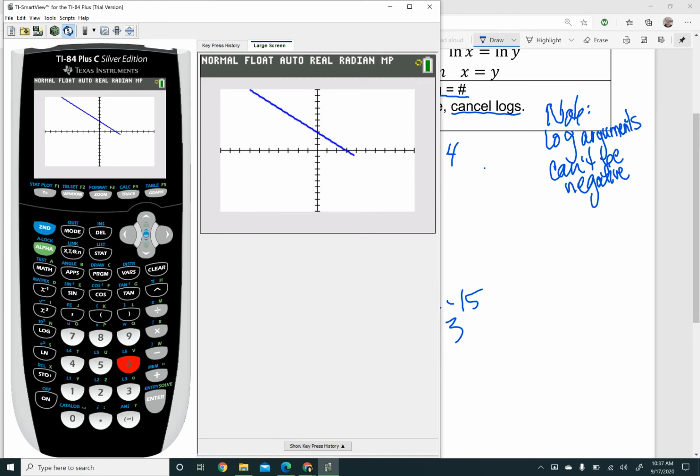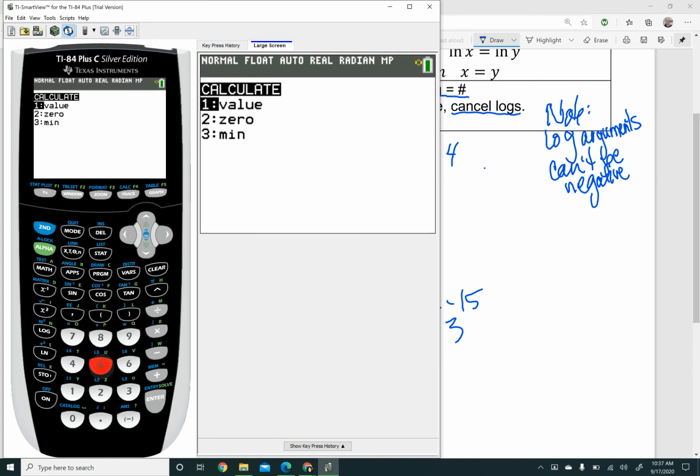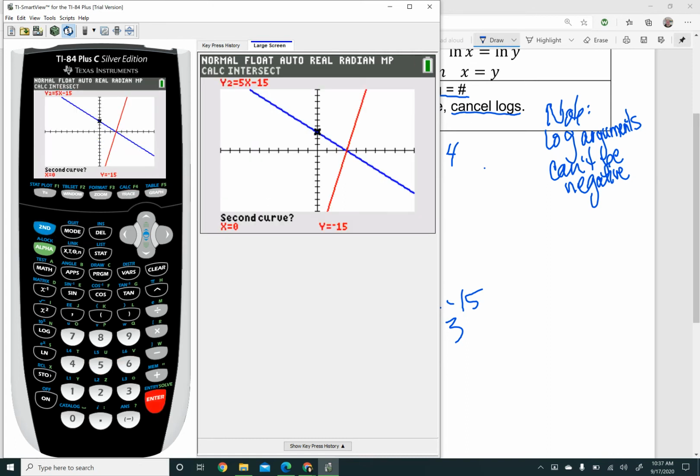I would see where the graphs cross. And as long as your graph can see where they cross, which it can see here, then second trace number 5, the intersection. 1, 2, 3. And you can see that x equals 3.